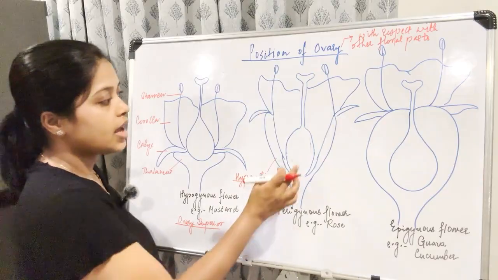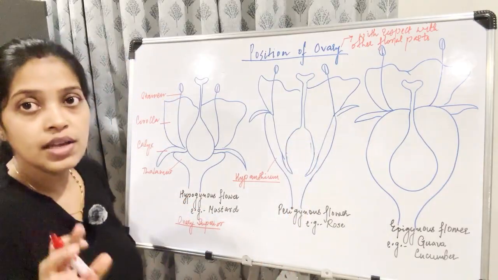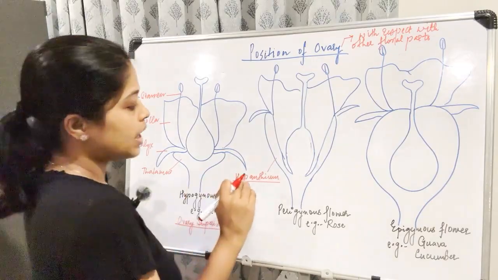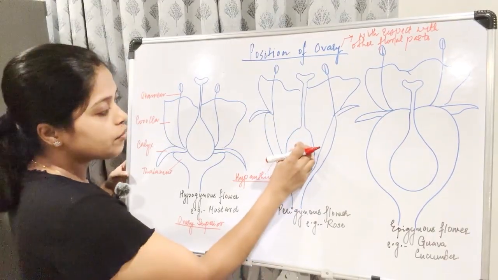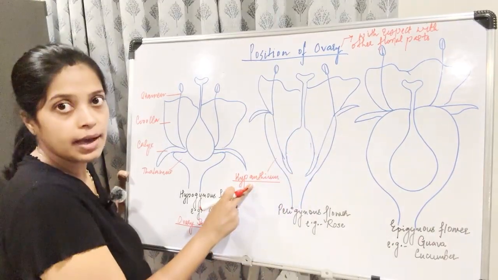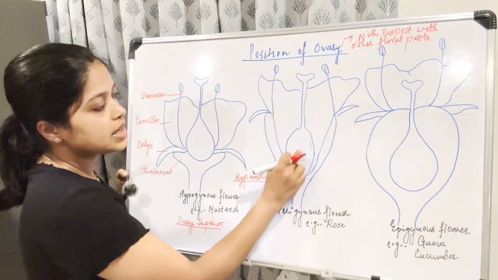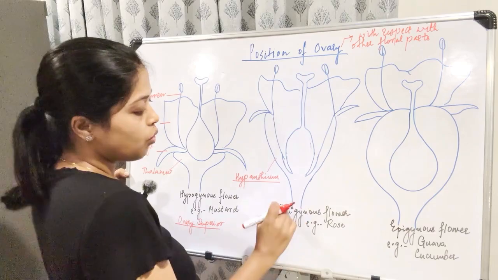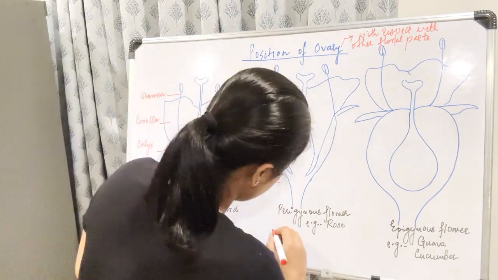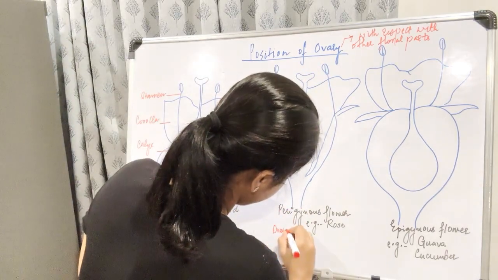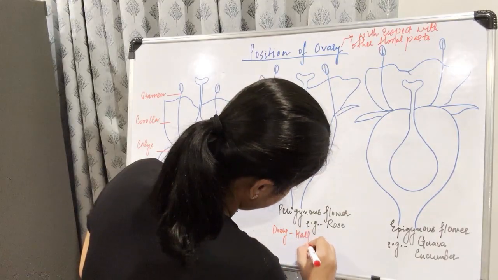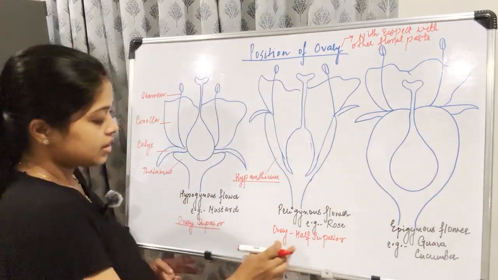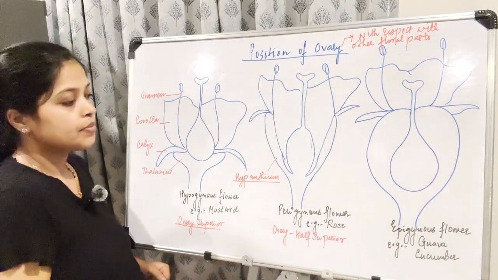Remember, in perigynous the ovary is half superior, half inferior. That means the ovary is not fused with the hypanthium, rather it is present at the center of it. So here the ovary is half superior. The example is rose.